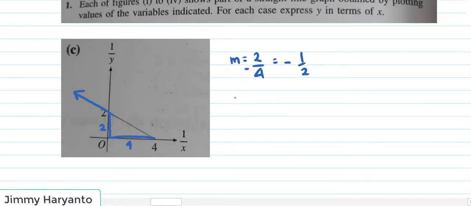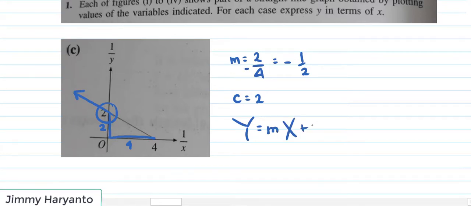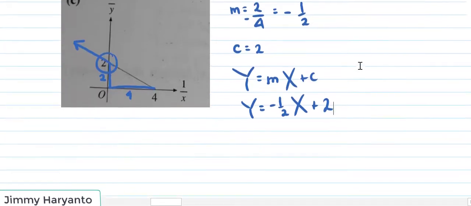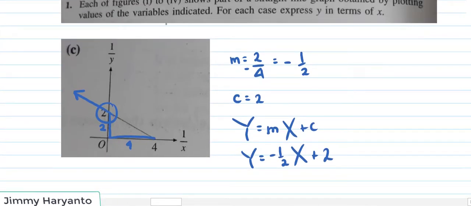Okay, and then I can tell the c directly from the graph. It is 2. So I can write Y equals mX plus c, Y equals negative half X plus 2. Okay, and then I have to change the Y and X into the real variables.